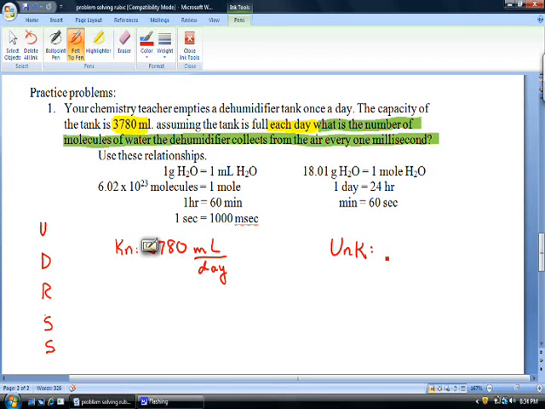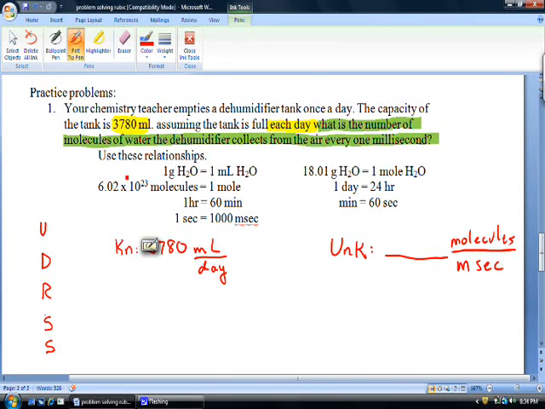That's what we're looking for: molecules of water per millisecond. Every thousandth of a second, how many molecules are we pulling out of the air in my shed?